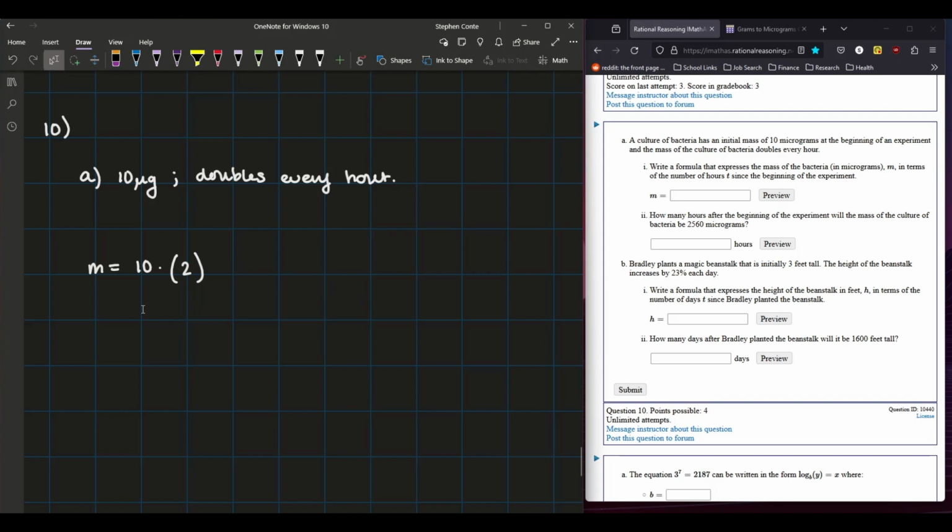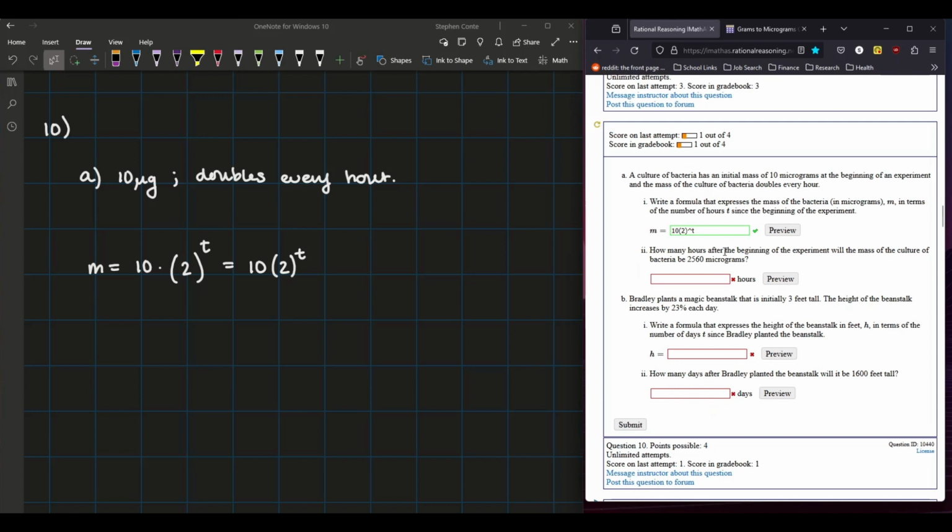After 3 hours, it would be 10 times 2 times 2 times 2. So then for T hours, it would be 10 times 2 to the power of T. Okay? Which means that our final answer is just exactly what I have here. So the mass is equal to 10 times 2 to the power of T.